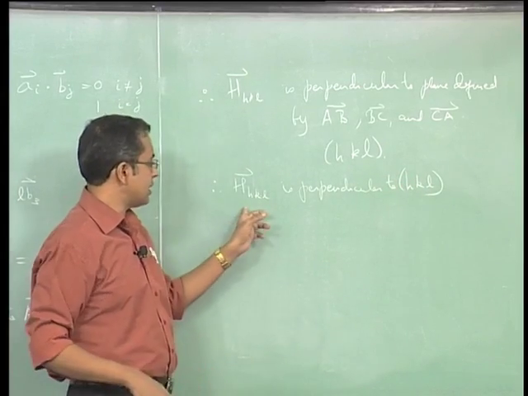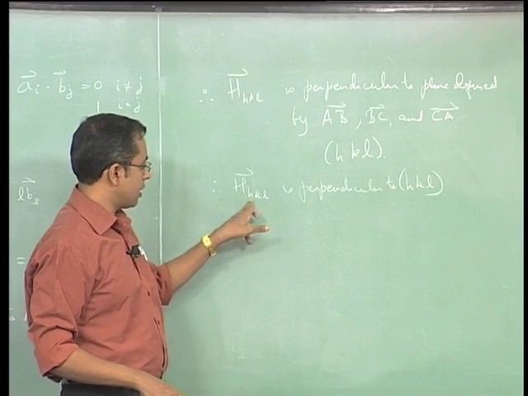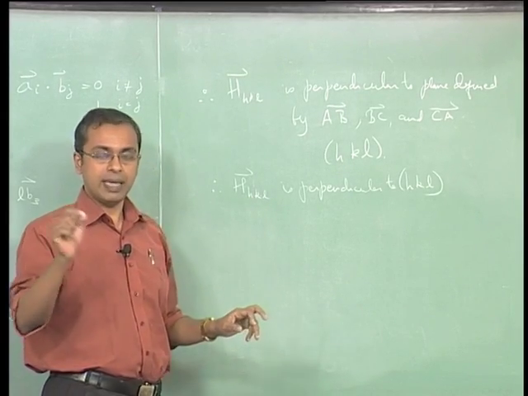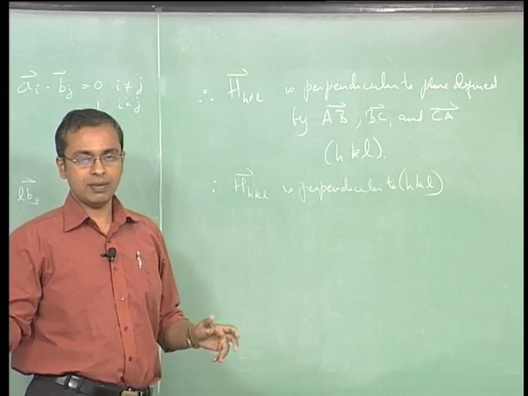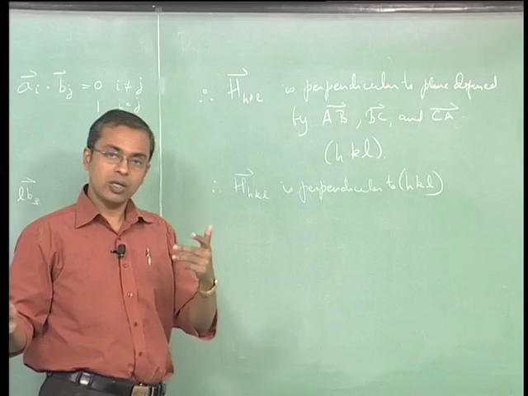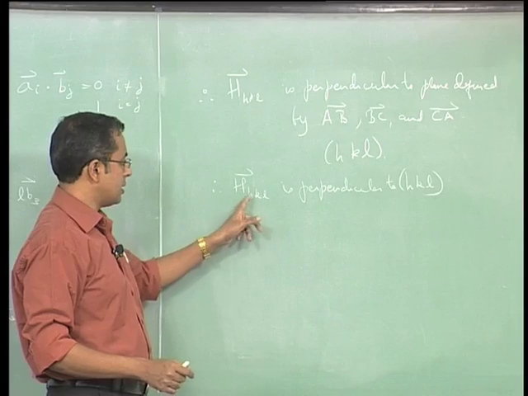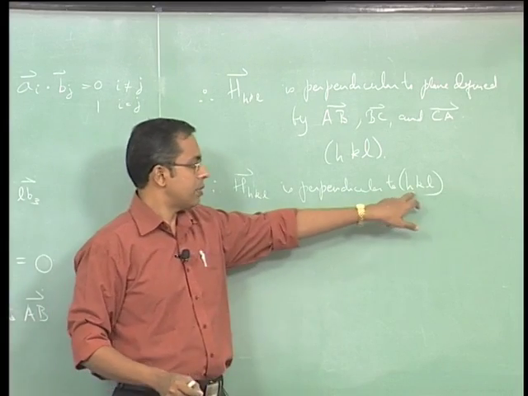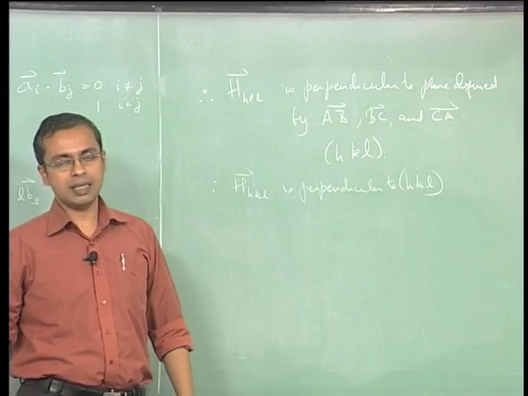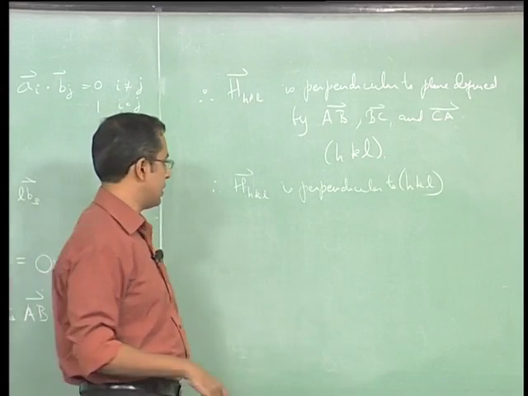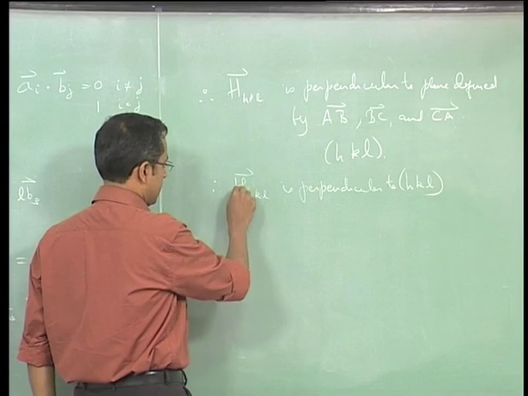So we find that any HHKL, which is defined as HB1 plus KB2 plus LB3, where B1, B2 and B3 are the unit vectors in reciprocal space, will automatically be perpendicular to the HKL planes in real space. We have just shown this.